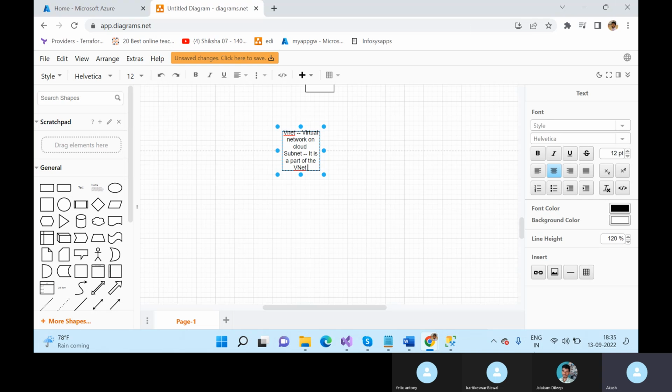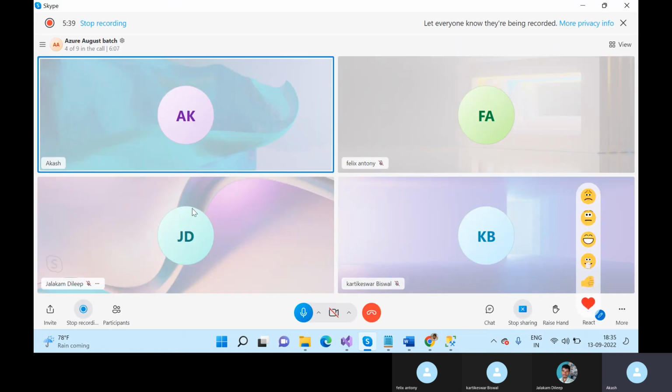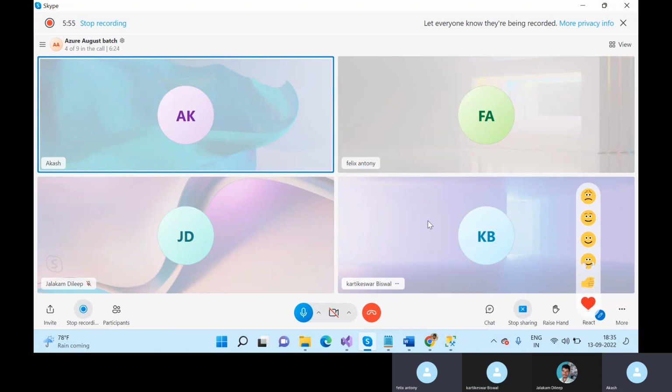In order to determine how many addresses we can have, I want you guys to unmute and answer this. Do you remember the private IP address and public IP address ranges? Felix, Karthik, Dilip, anyone, what can you tell me about one private IP address range? Each one give me one private address range. 192.168.0.2.